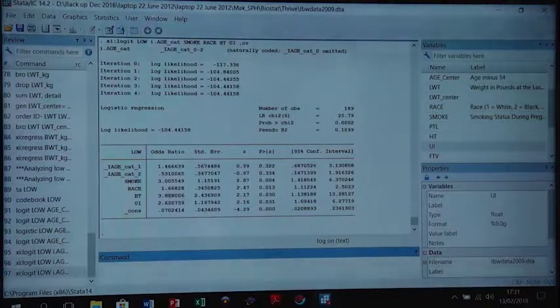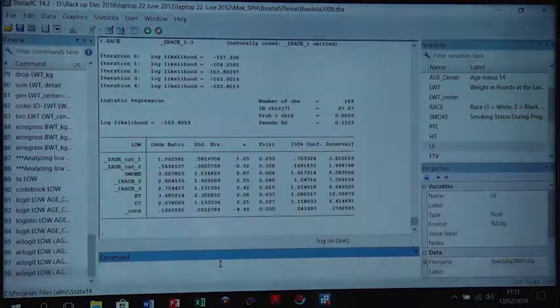Now, here we made a mistake because race also has 3 categories, so we should now put in that and compare different races. The odds of having a low birth weight baby for blacks compared to whites, look, significant. For others compared to whites, significant. For those who have hypertension compared to those who don't, significant. For those who have uterine irritability compared to those who don't, significant. It becomes meaningful analysis, you know?